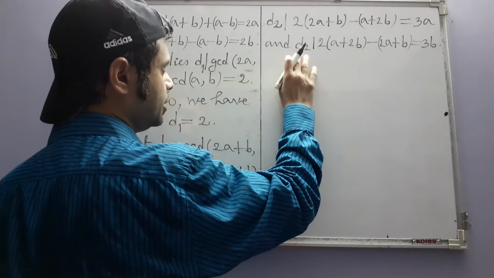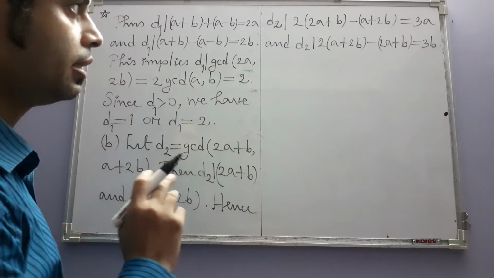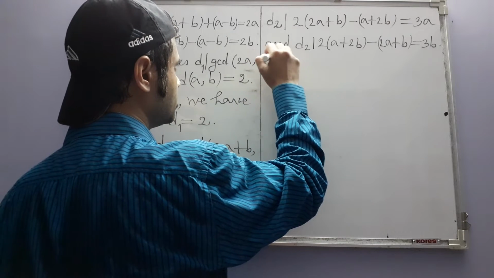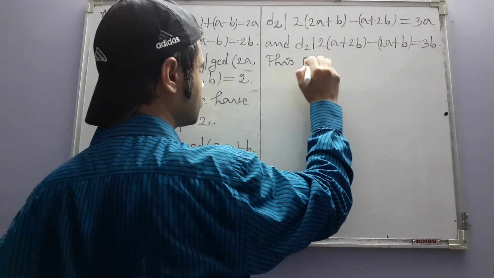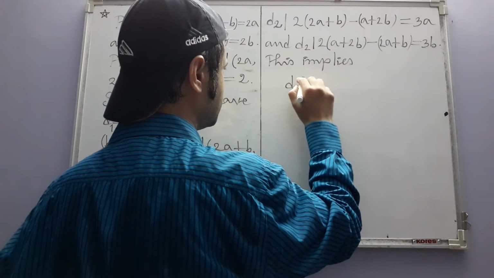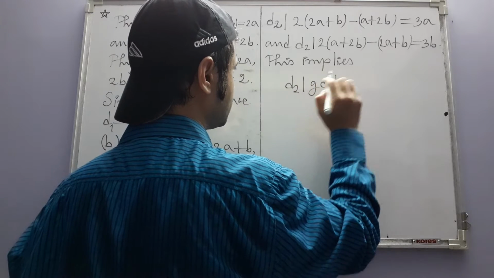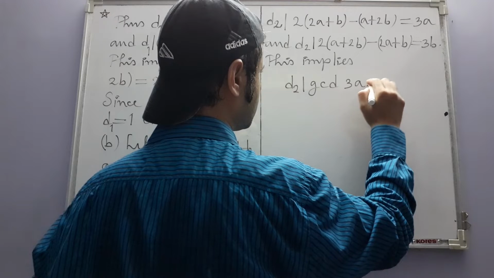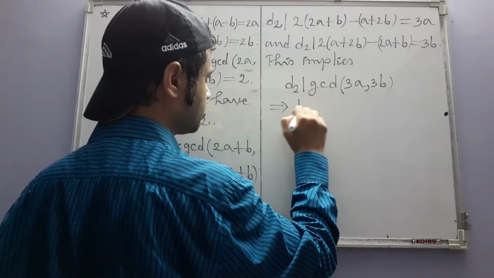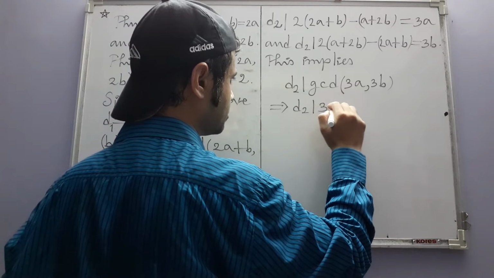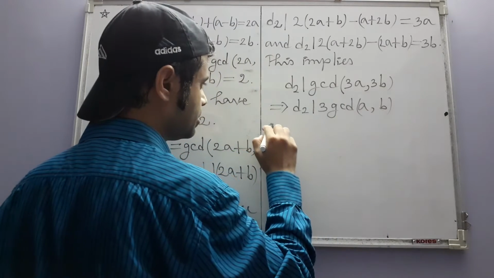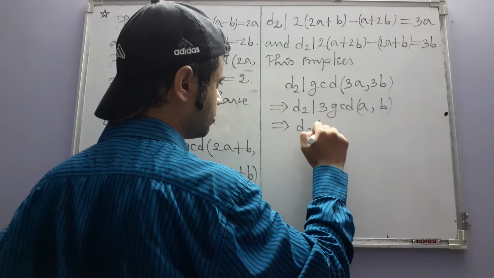So just like before, D2 now is a common divisor of 3a and 3b. So it will divide the greatest common divisor of 3a and 3b. This implies, let me write here, which implies D2 divides, all the steps are like before, and this in turn implies D2 divides 3.